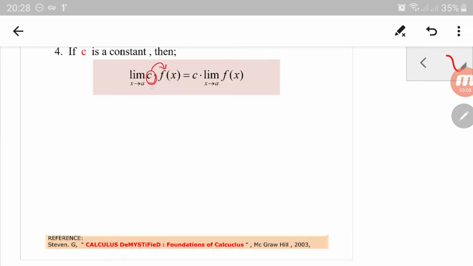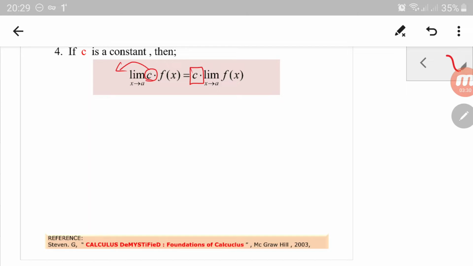So if c is a constant and we want to find the limit of c f(x) as x approaches a, the c can go in front. We can take out the c, like factorizing.